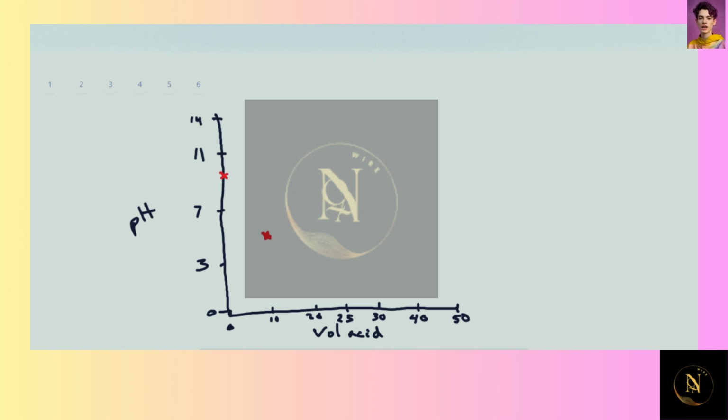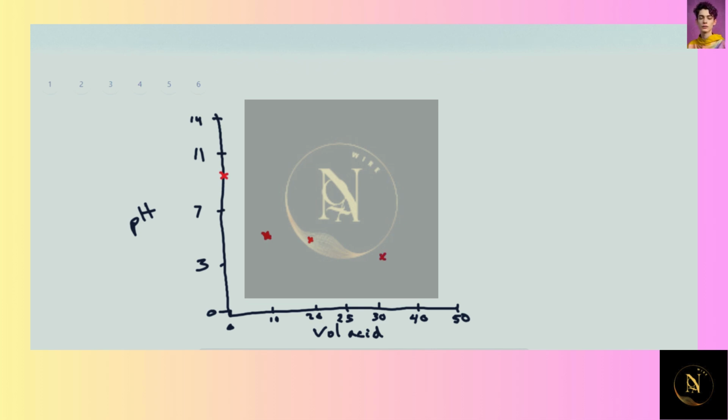Quickly. And our pH at 20 milliliters is 4.98, so just slightly below here. And then at equivalence, we have a volume of 31.25 and a pH of 3.24. So about here.